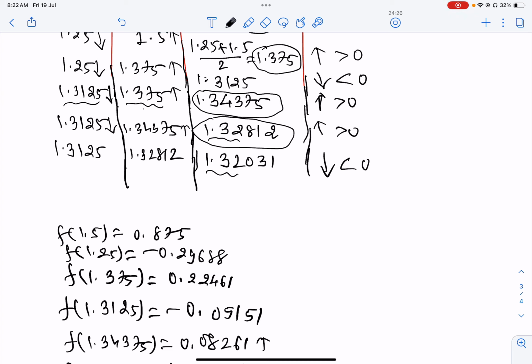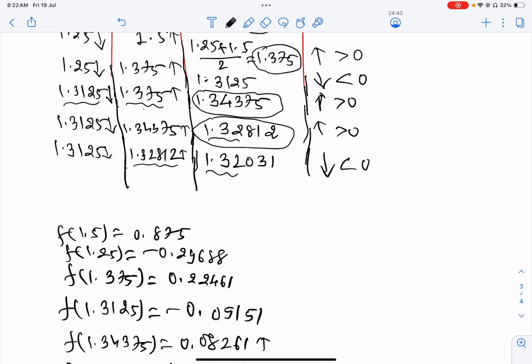So if you want one more step, even though it is not required, you can have one more step. So now the root lies between where? 1.32812 is positive. This one is negative.